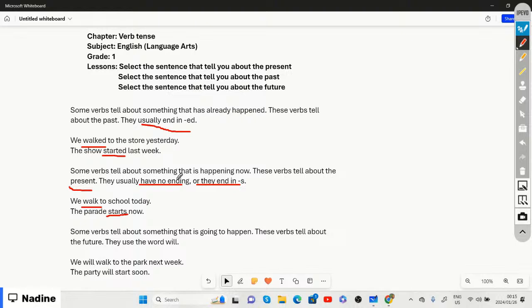And then we have some verbs that tell you about the future. So some verbs tell you about something that's going to happen. And these verbs will tell you about the future.